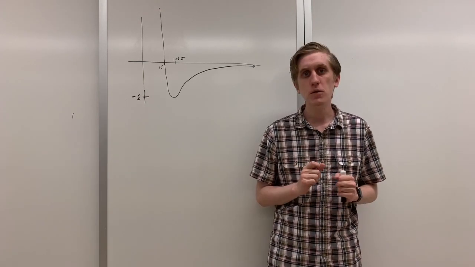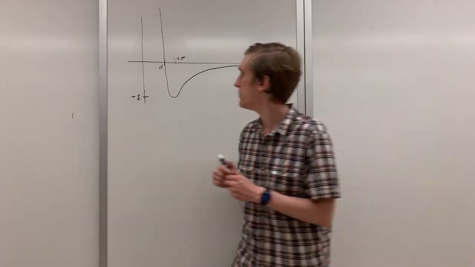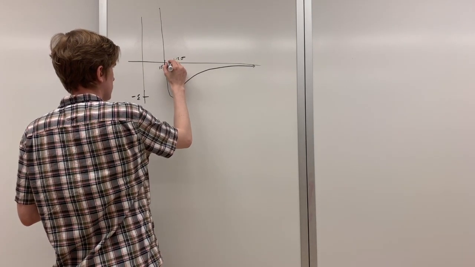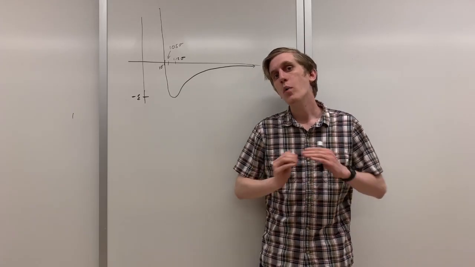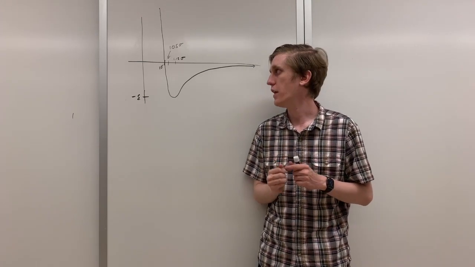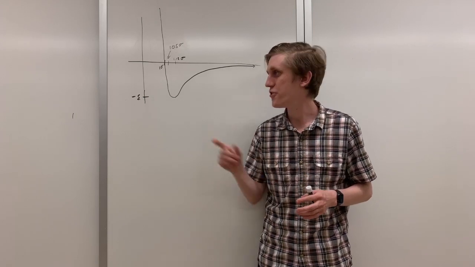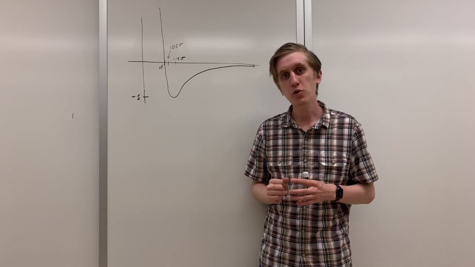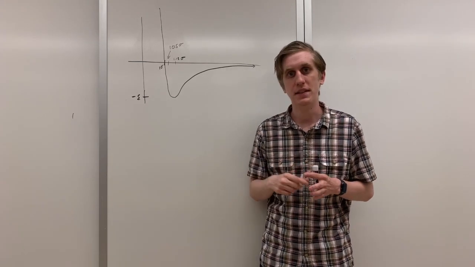Let's mark the closest distance on this graph. It turns out we now have all the information that we need in order to find total energy. We know what the kinetic energy is at this closest distance. It's just 0. And we also know what the potential energy at this distance is.